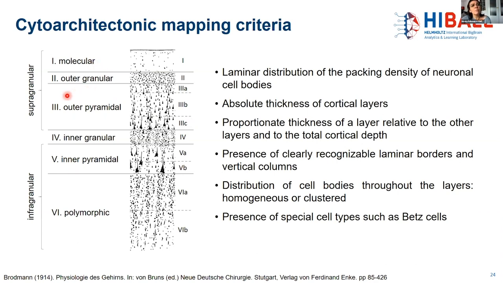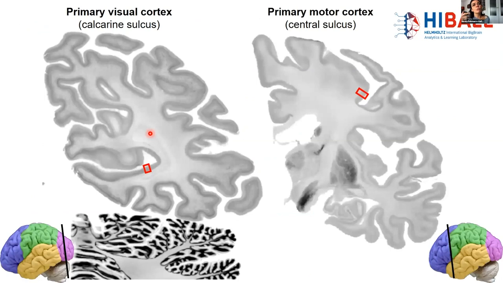But in some parts of the brain, some of these layers can be subdivided, and that's when we can see, for example, layers 3A, 3B, and 3C in some parts of the brain. We've got 2 parts of the isocortex that are special in the sense that their layer 4 is very different from layer 4 in every other part of the brain. Those are the primary visual cortex and the primary motor cortex, okay?